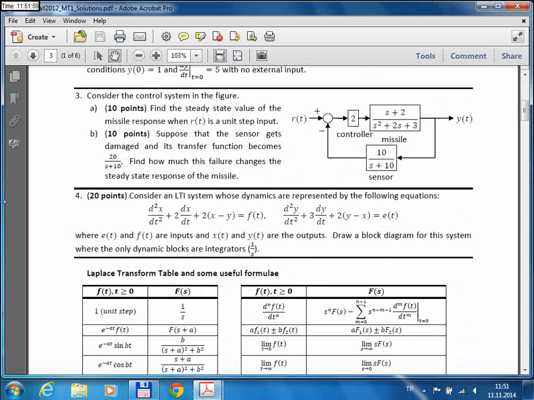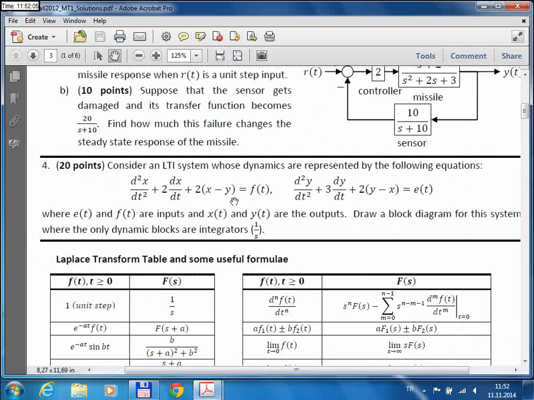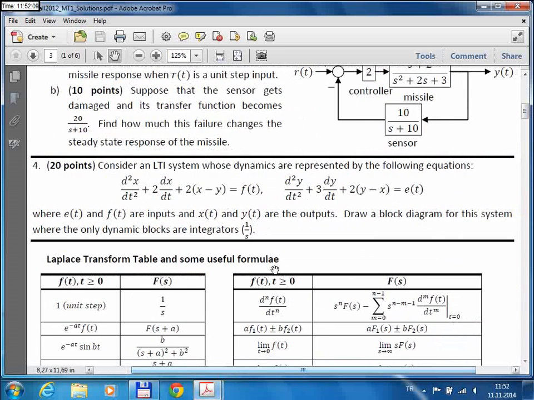The fourth question you see here can be a good example of a multi-input, multi-output system. If you read this question, we are given 2 equations. There are 2 outputs defined, x and y, and there are 2 inputs, e and f. So this is a system with 2 inputs and 2 outputs.